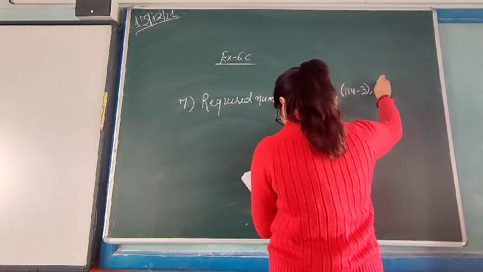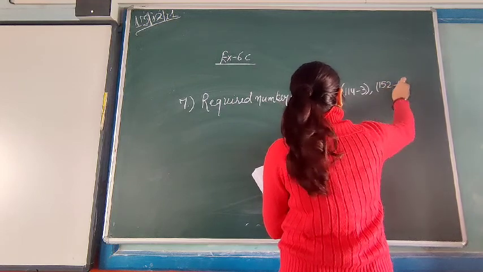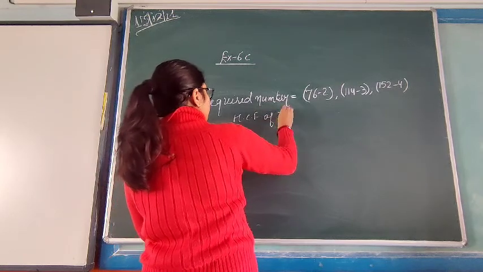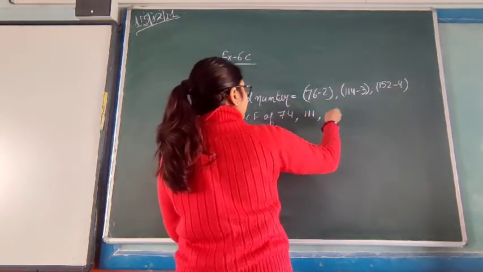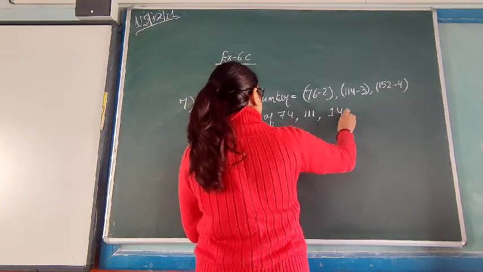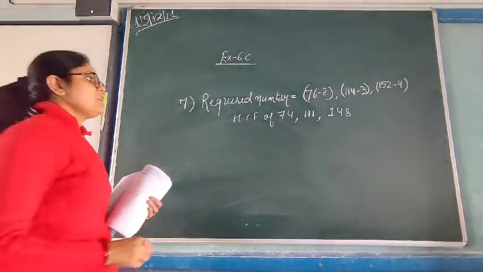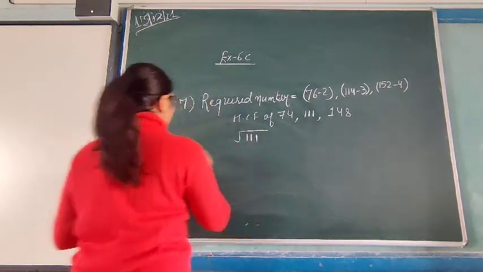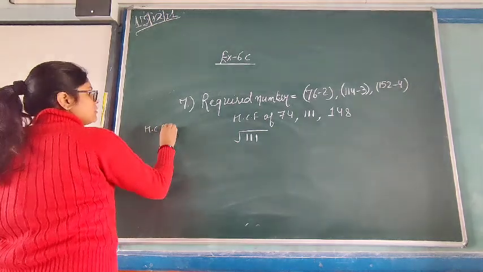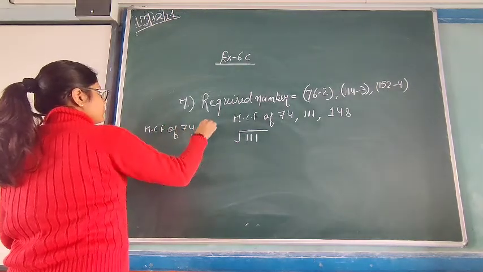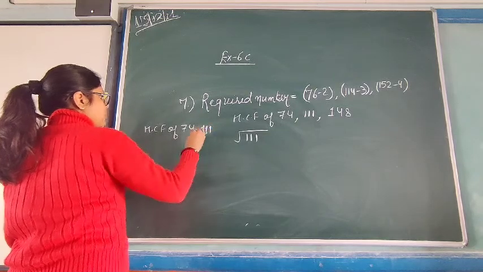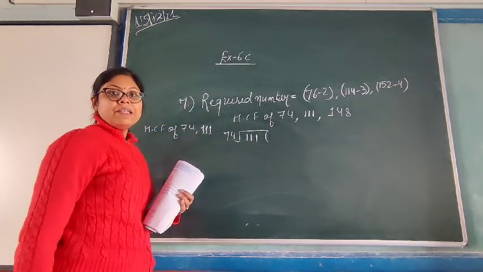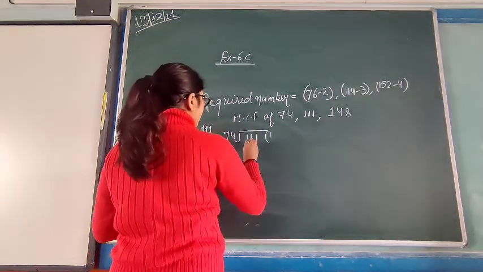comma 152 minus 4. So we will take out HCF of 74, 111, 148. Take out HCF of these three numbers, means here first now we will divide 111 by 74. 74 1 is 74.